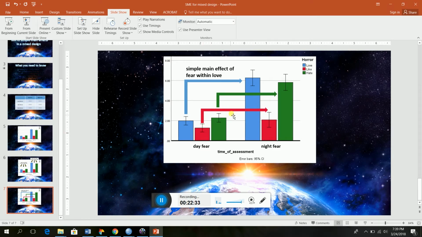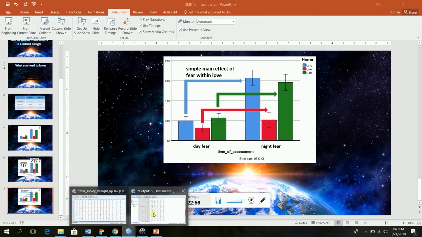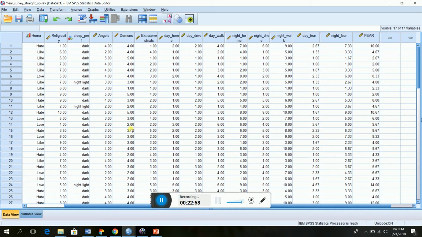This time comparing day versus night fear for the love group, day versus night fear for the like group, and day versus night fear for the hate group. And each of those tests, because there's 2 means and there's the same people in each group, will necessitate a dependent t-test. So we go back to our SPSS file.